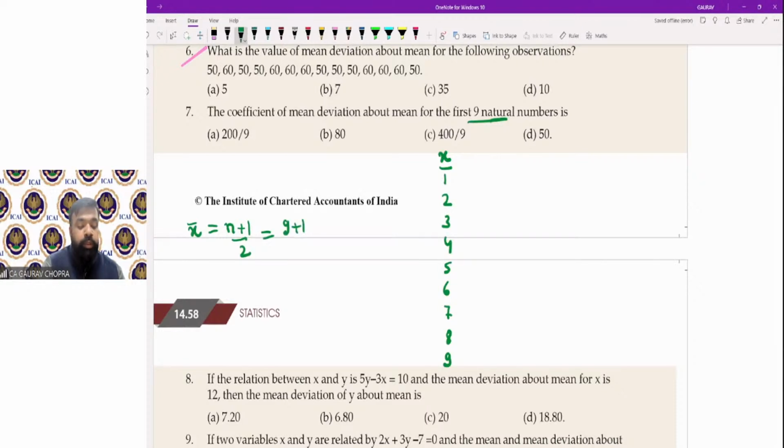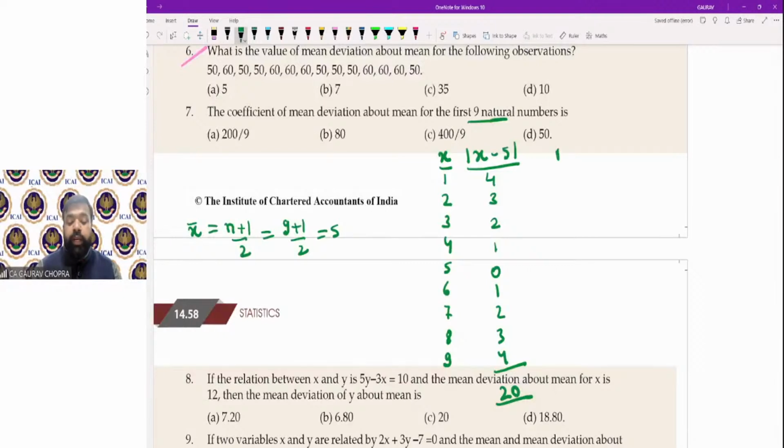So 9 plus 1 by 2 gives 5. So 5 is your arithmetic mean. Now you can take the deviation mod x minus 5. So 1 minus 5 is 4, 3, 2, 1, 0, 1, 2, 3, 4. The total is 20.